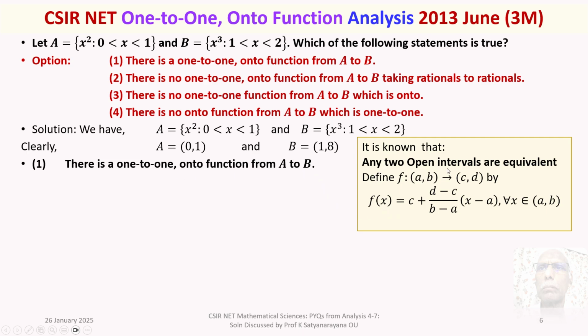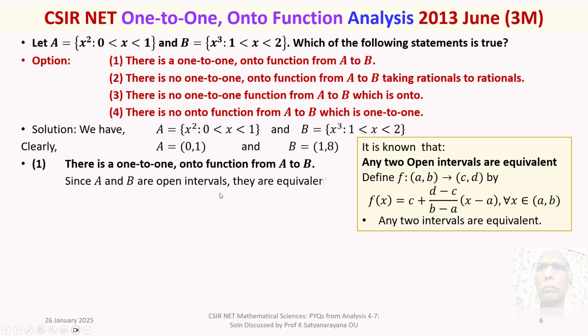Not only two open intervals, even if you take any two intervals, they are equivalent. So since A and B are open intervals, they are equivalent. That means there is a bijection between them, that means there exists a one-to-one and onto function from A to B. Thus, option 1 is true.